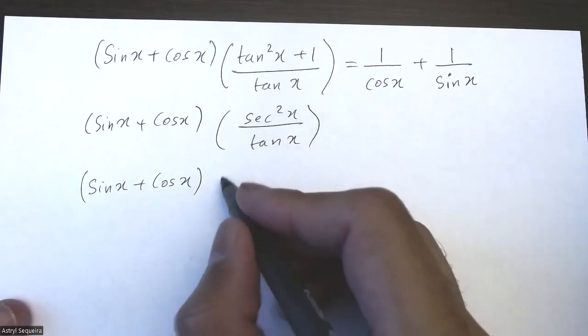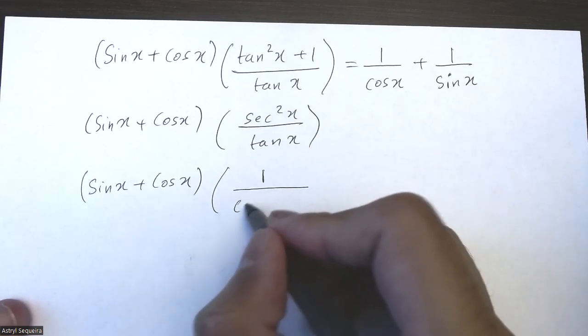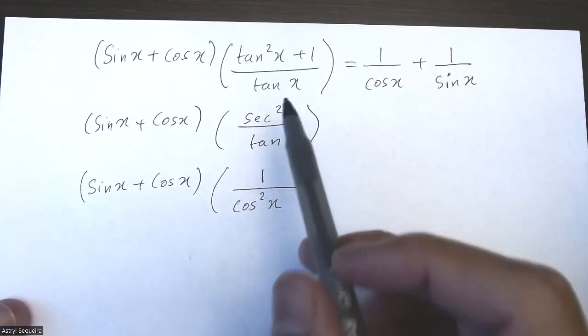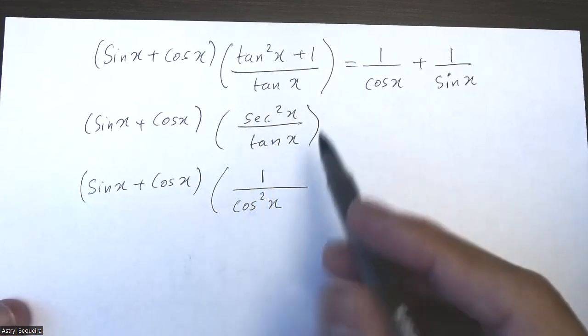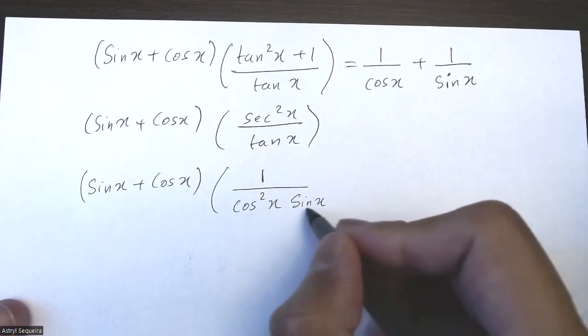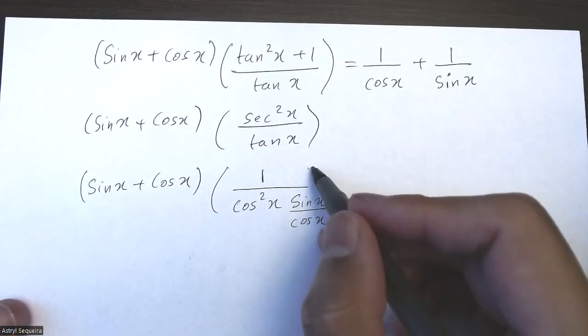Sec square is just 1 over cos square. And on the bottom, I have a tan x. So I could write sine over cos over here on the bottom, so sine x over cos x. You could have also written it as cos over sine with the cos on the top.